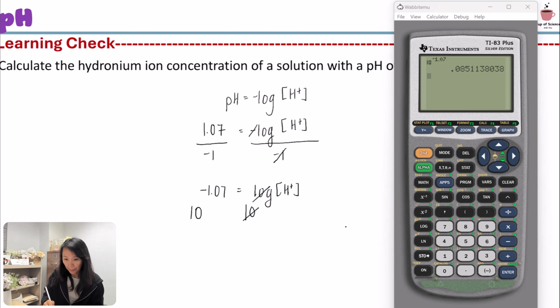So it's 0.0851, and that's in molarity, equal to the concentration of the H plus.